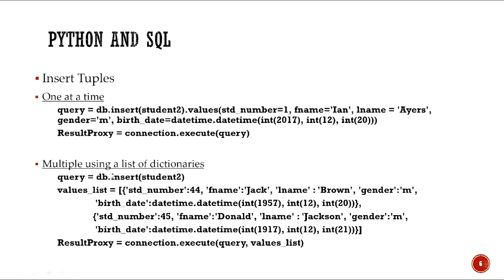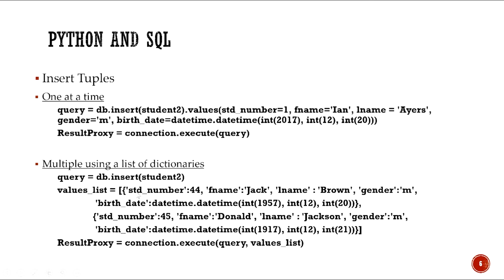And let's look at the list of dictionaries. And again, the goal is to insert multiple tuples. So we define the same variable query, db.insert, so which table you want to insert tuples into, so it's student2. And then we define a variable which is the list, values underline list, which is arbitrary. You can go with another name. So it's a list, so we see a square bracket, and then each tuple or record is a dictionary.